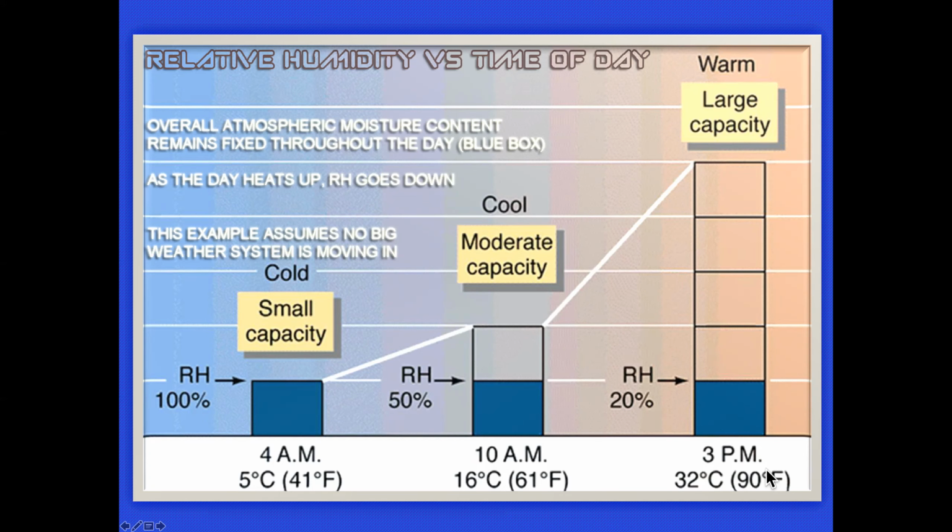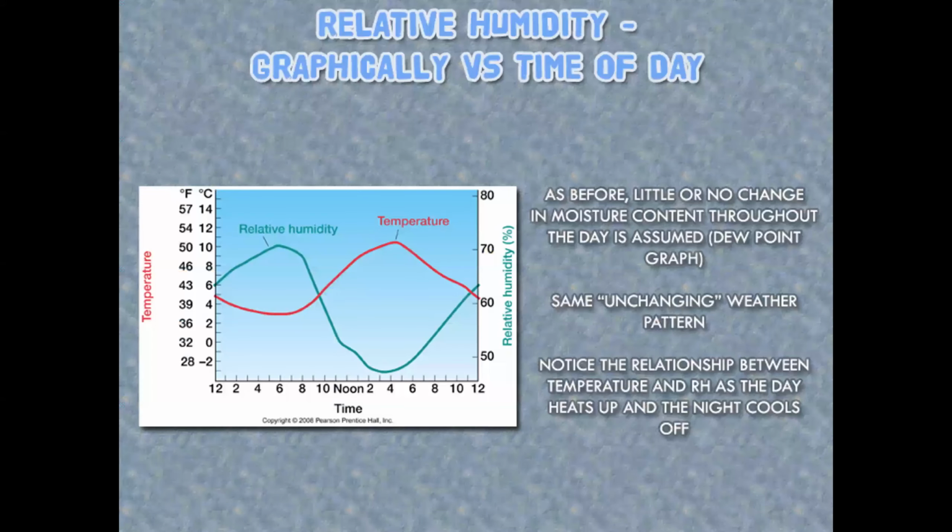So it's variable. The relationship is, as the temperature increases, your humidity decreases, and as your temperature decreases, your humidity increases. And this is during a typical sunny summer type of day. Obviously, as weather systems move in and out, this will change.